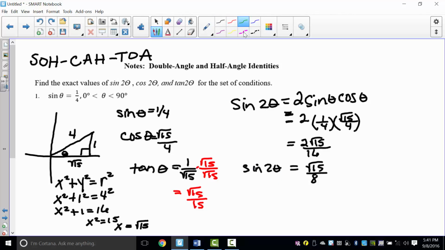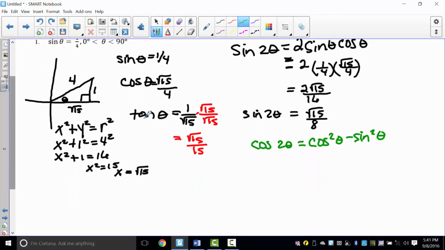Now, we find cosine 2 theta. There's more than one formula on your cheat sheet. It doesn't matter which formula you use. So let's use the first one: cosine squared theta minus sine squared theta. So we found that the cosine was radical 15 over 4, and it is squared.